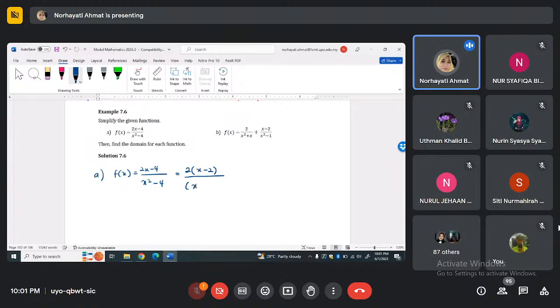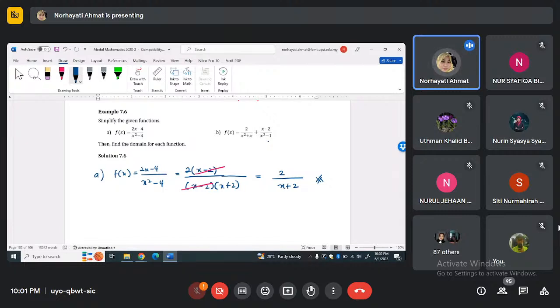Give us x minus 2 and x plus 2. Okay, boleh kelas? Alright, so we can cross out x minus 2. Therefore, the simplified rational function is 2 over x plus 2. Okay, kita cuba simplifikan dia, cuba hilangkan common factor.